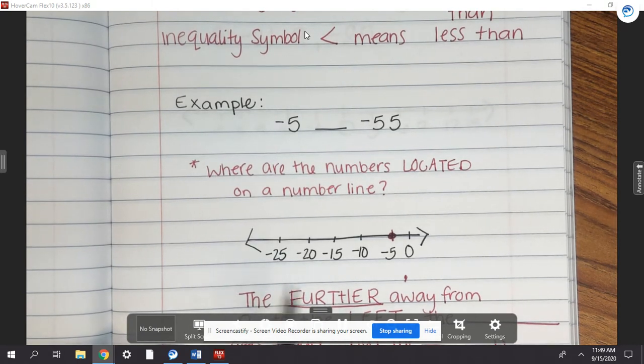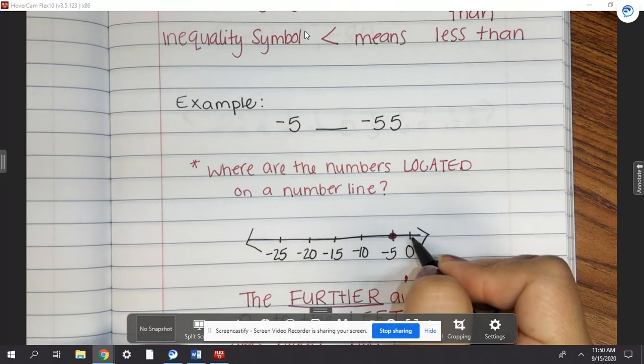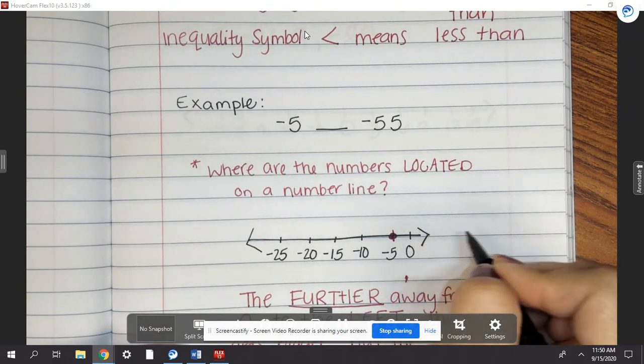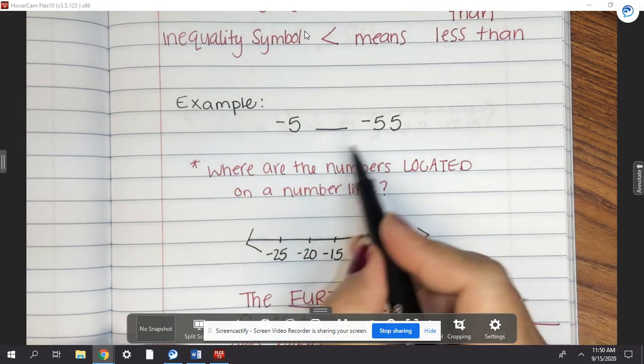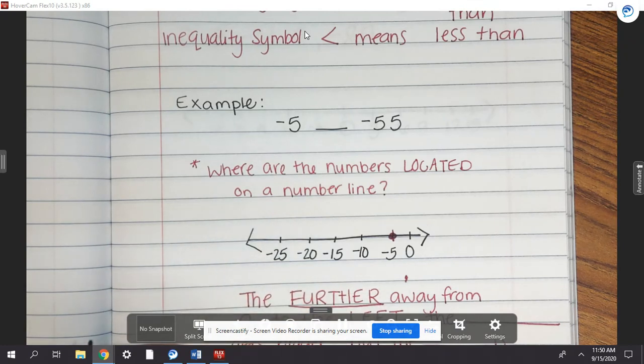So using a number line is really going to help. I want to ask myself, where are these numbers located on the number line? If I make my number line, here's 0. Now I know if I go to the right, these numbers are going to be positive, so it'll be 5, 10, 15, 20, and so on. But since I'm dealing with negative numbers, I just went to the left of 0 so I can see those negative integers.